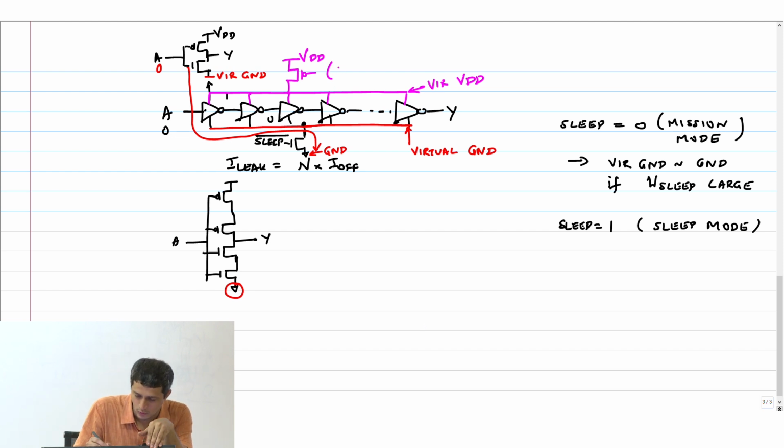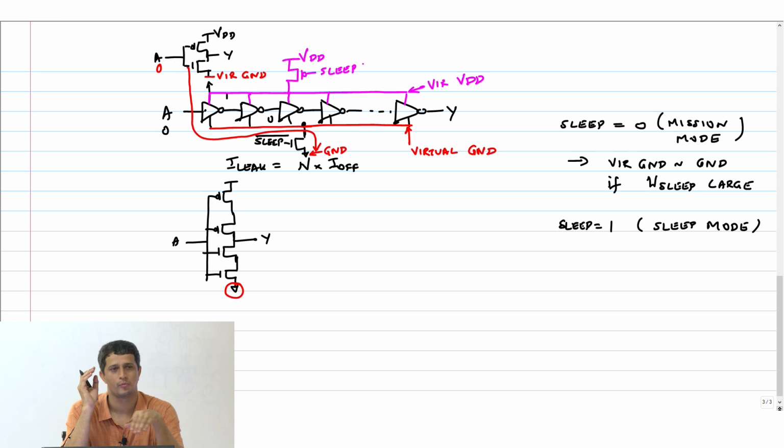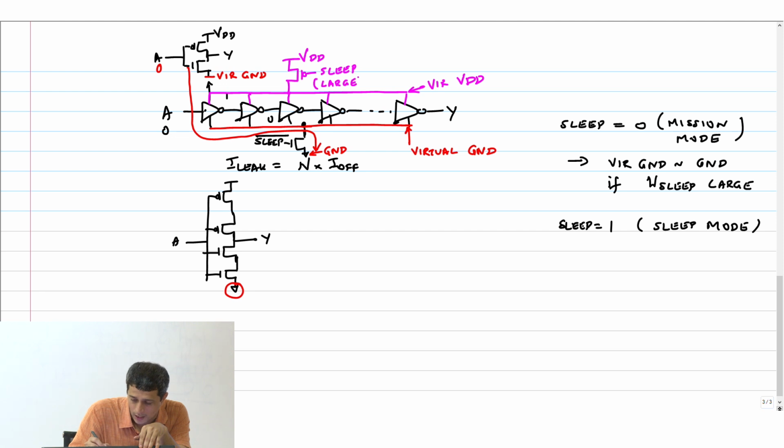This also will be connected to sleep bar. Is it sleep or sleep bar? Because when sleep is 0, I want it to be in mission mode. Correct. It should be connected to sleep, right? This transistor also has to be large.